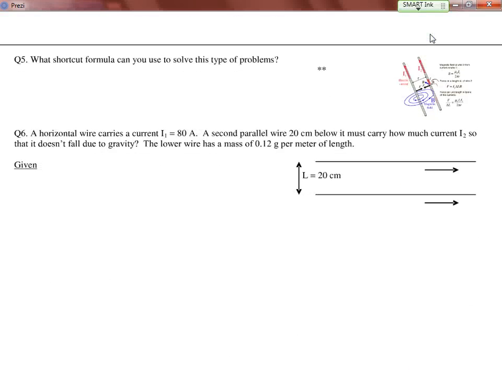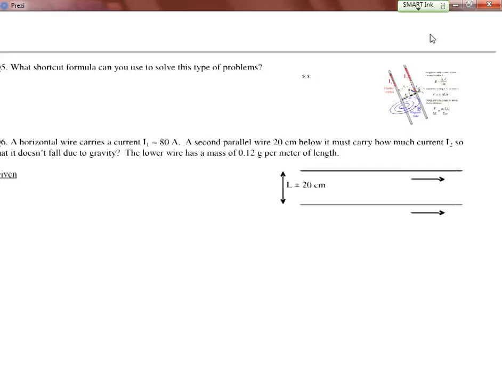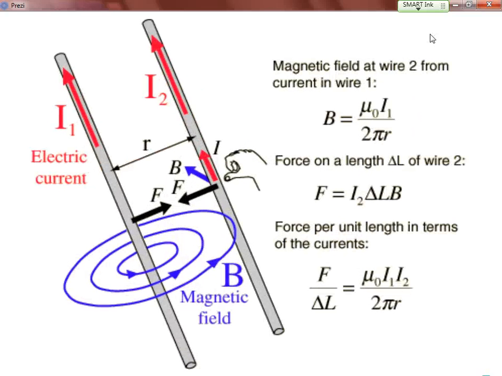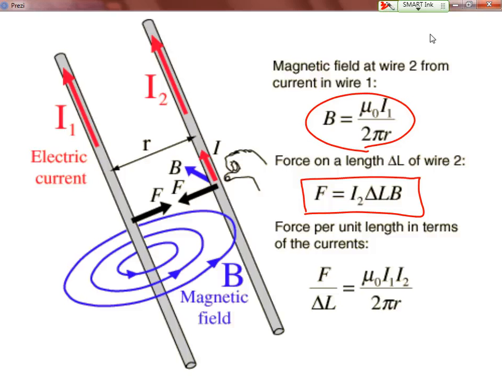A shortcut to actually solve that type of problem involves understanding how we can combine those two formulas together. We have, again, as we did before, the magnetic field created by the first wire. We have the magnetic force acting on the second wire. Well, simply by substituting B in over here, we combine it into a new formula.